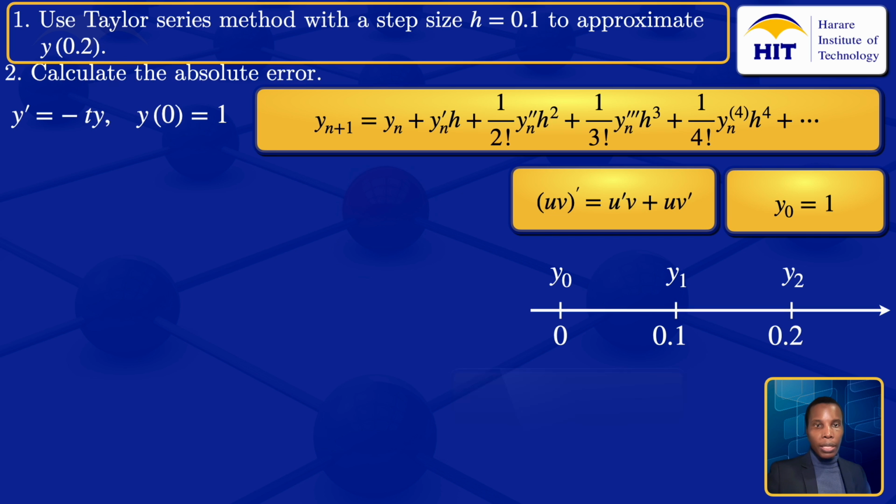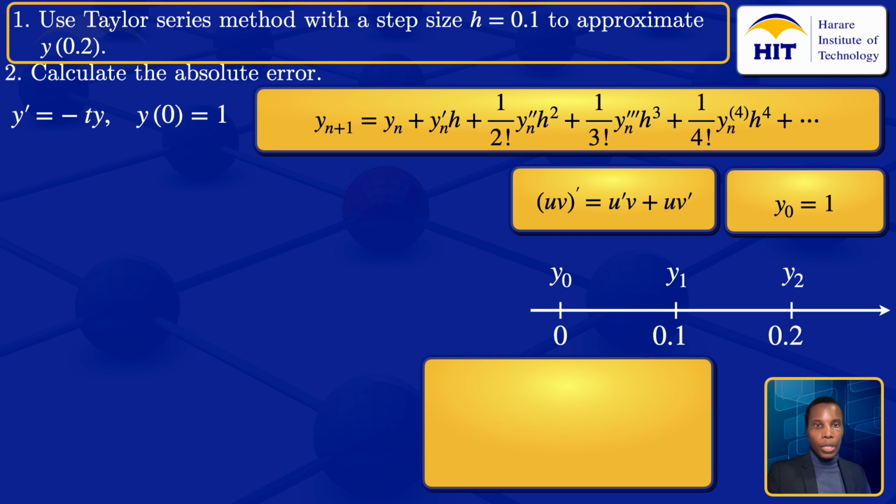In this case, we choose u equal to minus t, and the derivative of u with respect to t gives us minus 1. Then v is the y, and the derivative of v, which is v prime, will just be the derivative of y, which is y prime.